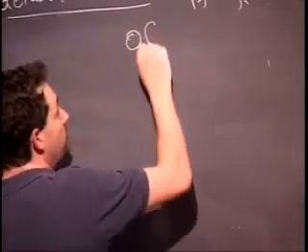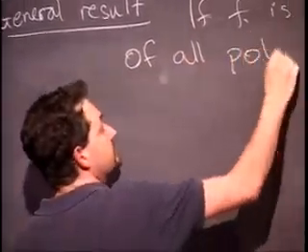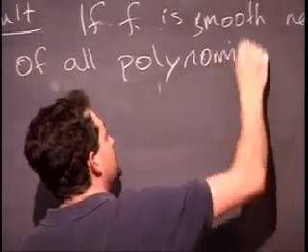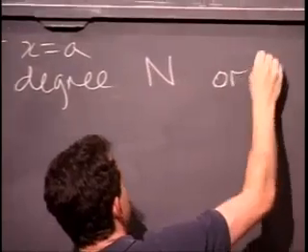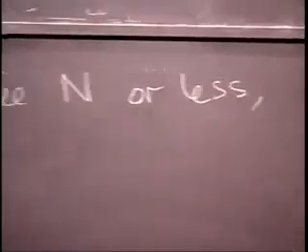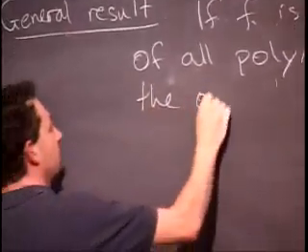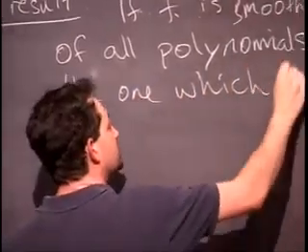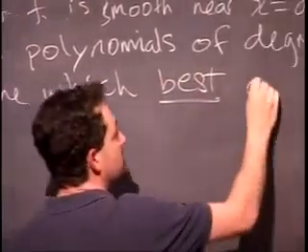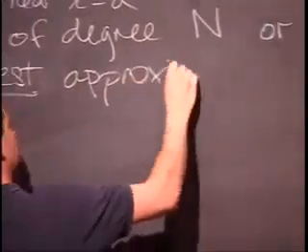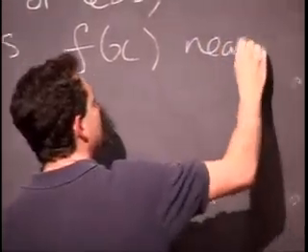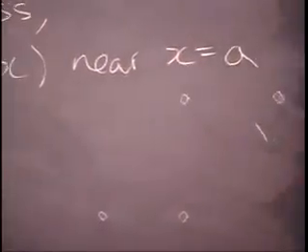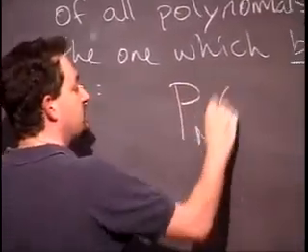Then, of all the polynomials of degree n or less, capital N or less, the one which best approximates, so there's no better approximation, your function f of x near x equals a is, it's written P capital N of x.